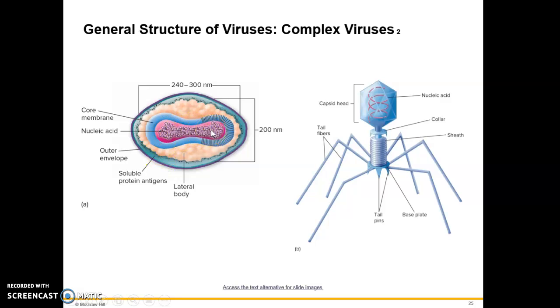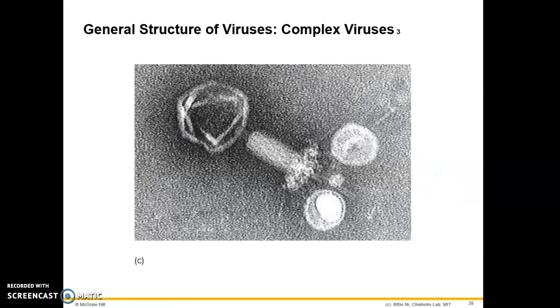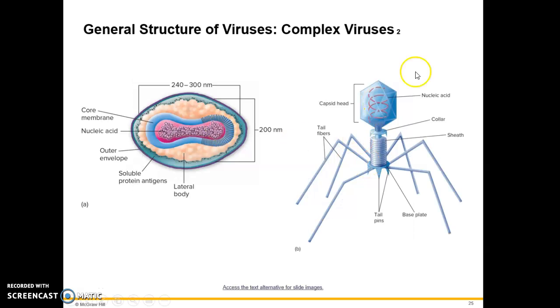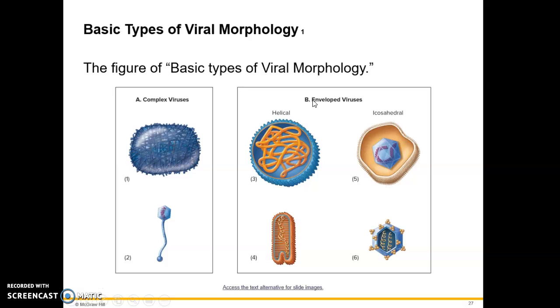So it has a really different structure to the other viruses that we've talked about. This is an electron microscope view of a bacteriophage. I meant to say that this is a bacteriophage that infects E. coli bacteria.